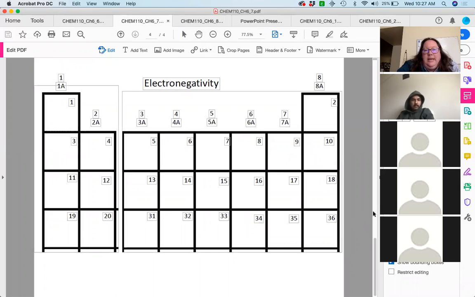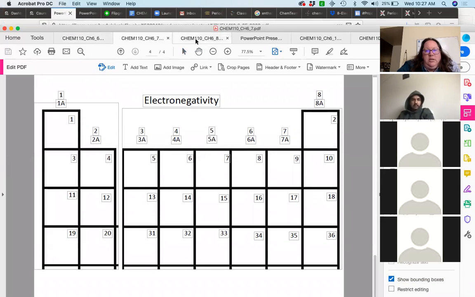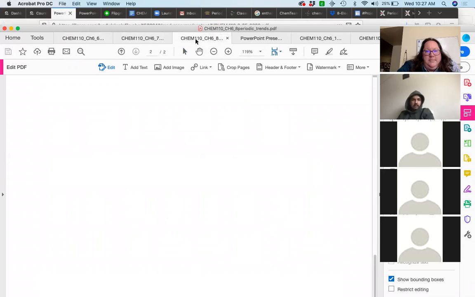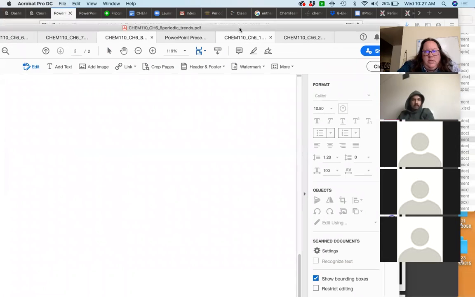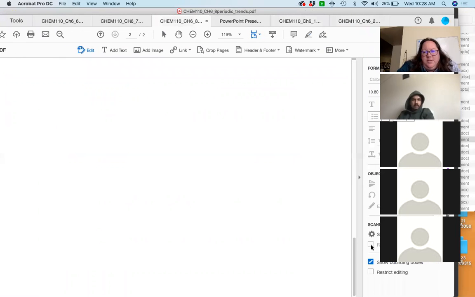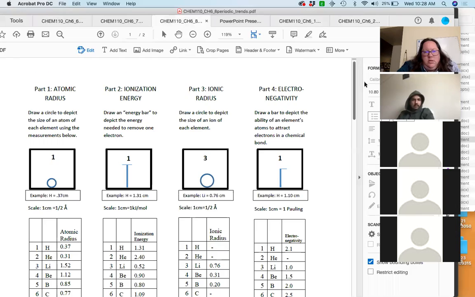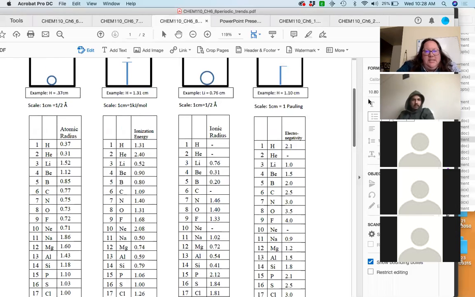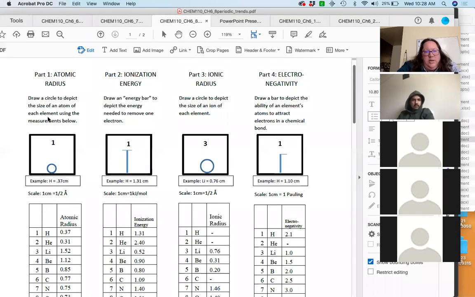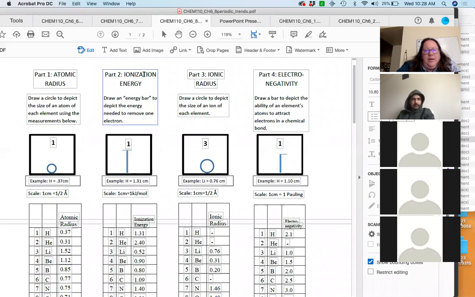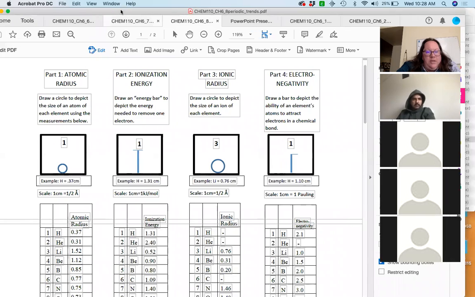And what you're going to need then is the data. Let me scroll up so you can see. So you can use this as representative symbols. You have a choice: atomic radius, ionization energy, ionic radius, or electronegativity. You don't have to use these symbols, you can choose something else. But it gives you a reference point.